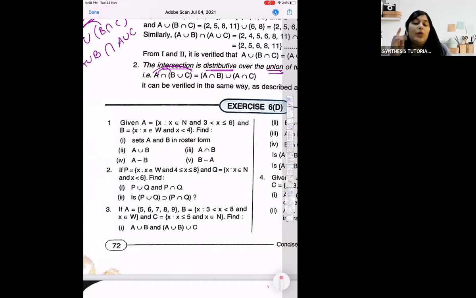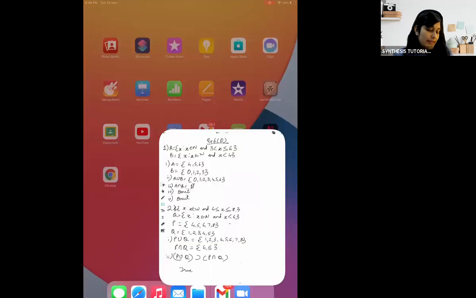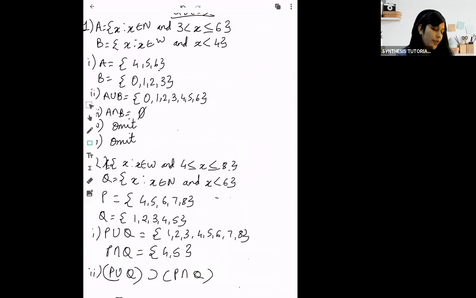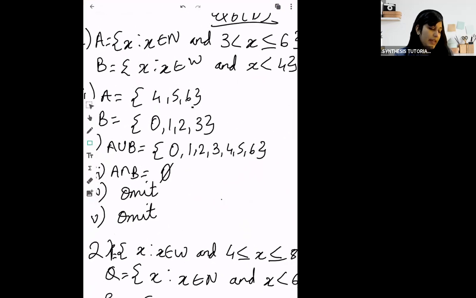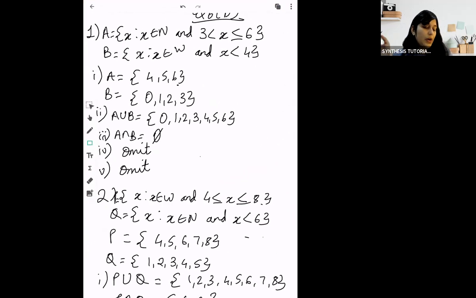So A set will only have 4, 5, 6 will be included because it is smaller than or equal to 6. So A में कौन से elements आ गए? 4, 5 and 6. And B, x such that x belongs to whole number and x is smaller than 4. So whole number start from 0 and smaller than 4, 0, 1, 2, 3.